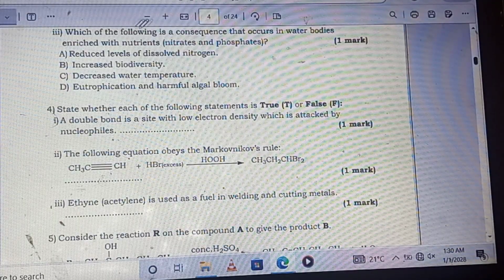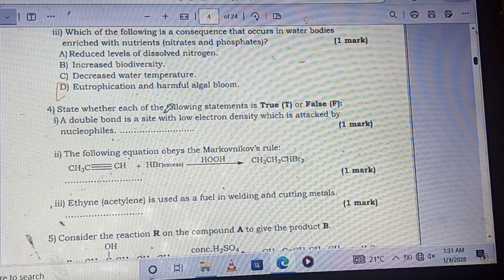III. Which of the following is the consequence that occurs in water bodies enriched with nutrients, nitrates, and phosphate? The correct answer is letter D, eutrophication and harmful algal bloom.